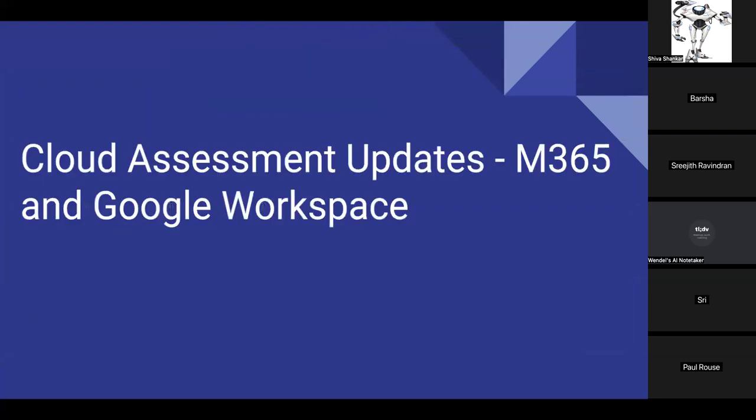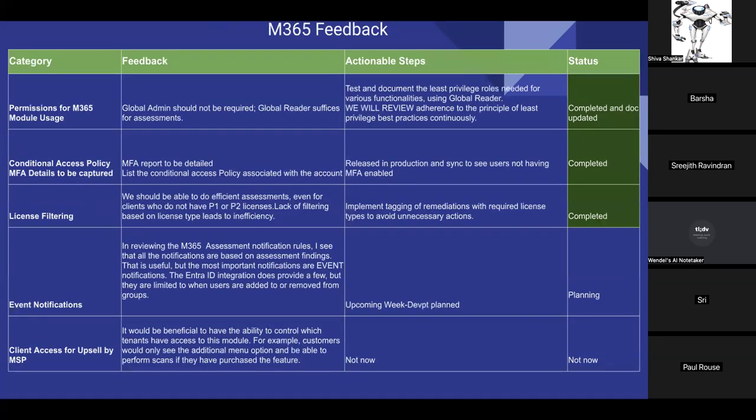Next, I move to cloud assessment updates. For M365, as already stated in the last meeting, we have completed the minimum permissions required for the assessment, conditional access policies, MFA details, all of it to be captured within the assessment, and license filtering, especially related to P1 or P2 licenses.